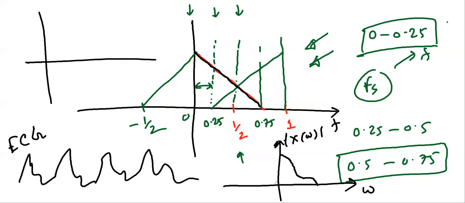Mostly the DC value has a higher value. The DC component has a higher strength than the higher frequency component. This is a convention, nothing else.